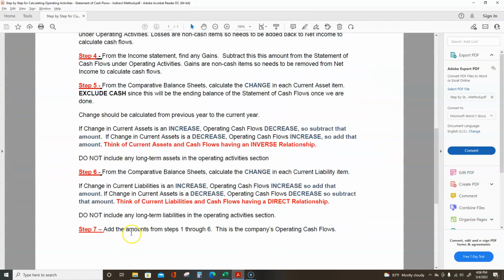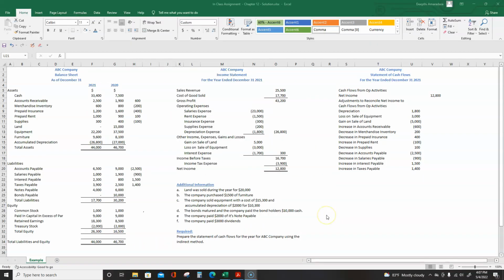Step 7 says add the amounts from step 1 through 6. This is the company's operating cash flows. Steps 1 through 6 is basically all these items. I did indent all the adjustments, so what I'm going to do is extend this out and total all the adjustments in the same column as net income.